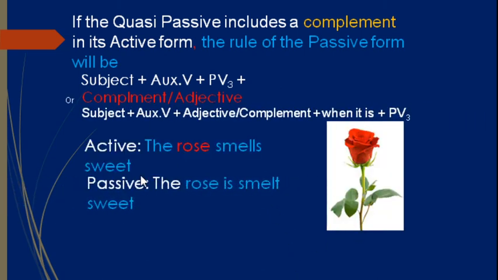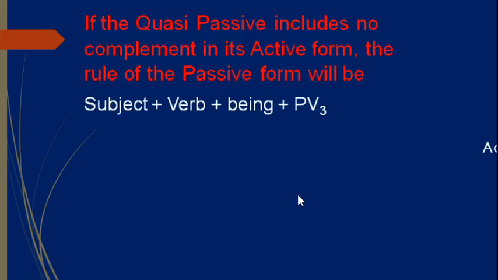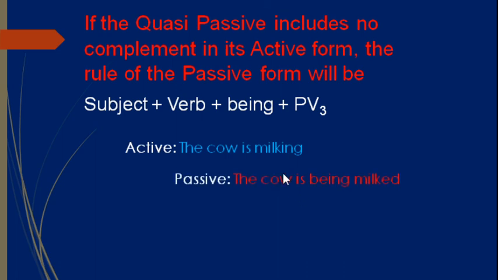The rose smells sweet. The rose is smelled sweet, or the rose is sweet when it is smelled. This is the structure you have to follow. The cow is milking, the same rule, just is being. The cow is being milked. When you see this type of structure, you have to use is being after it.